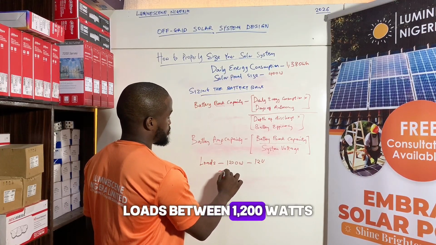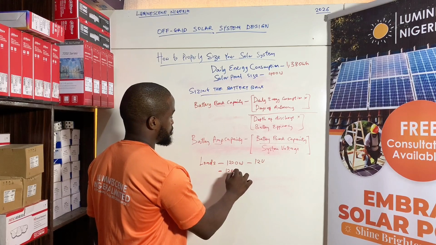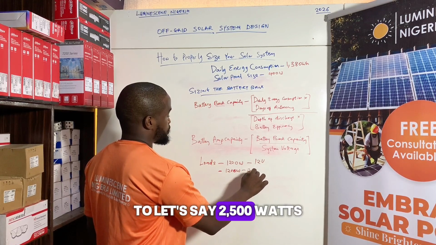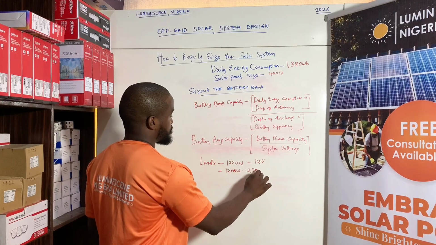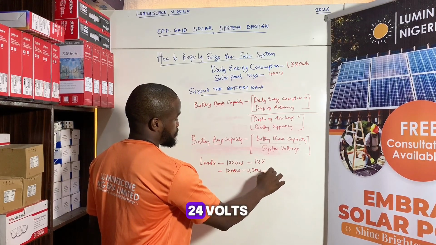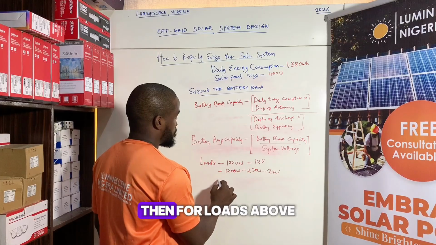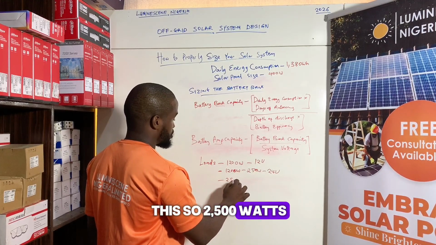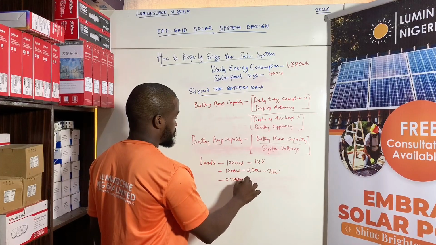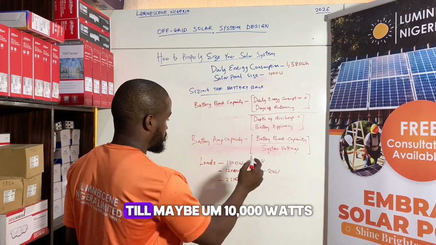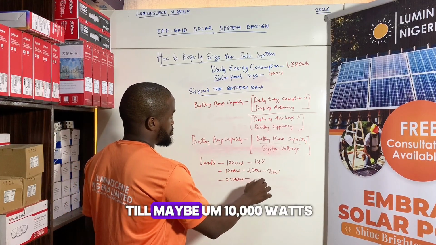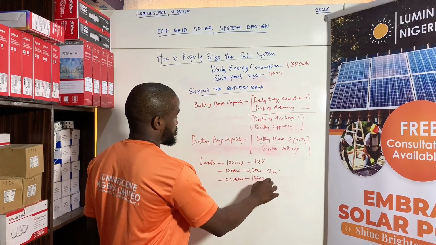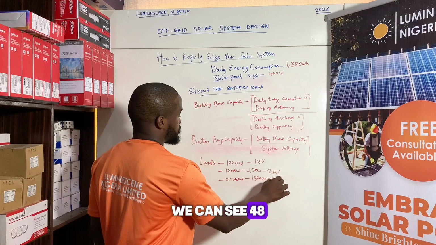Loads between 1200 watts and 2500 watts, 24 volts. Then for loads above this, so 2500 watts and beyond, let's say till maybe 10,000 watts, we can say 48 volts.